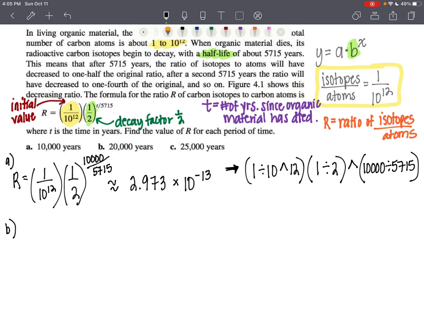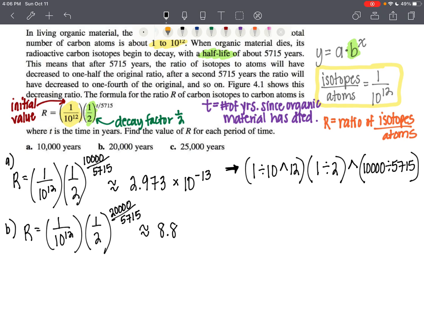For B, we're going to do the same thing, except this time we're going to put a 20,000 in our numerator in our exponent. So 20,000 over 5,715. And when we put that into our calculator, I would press pause, or you can keep going, and if you're ahead of me, then you've got 8.842 times 10 to the negative 14.